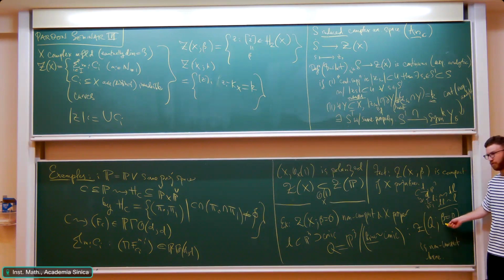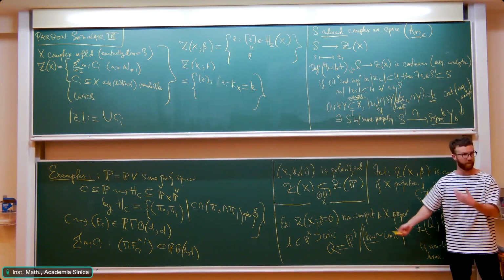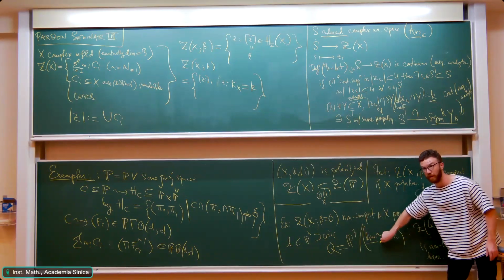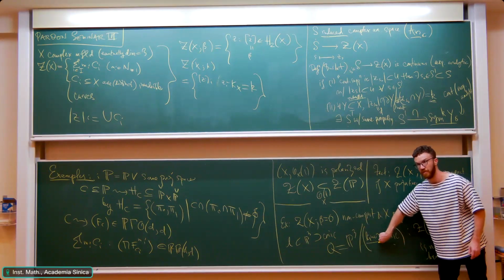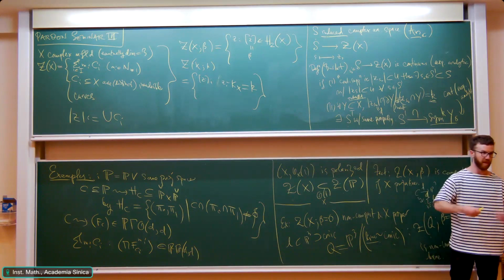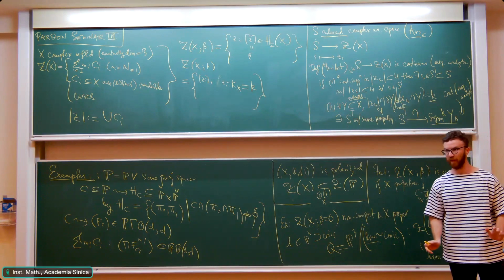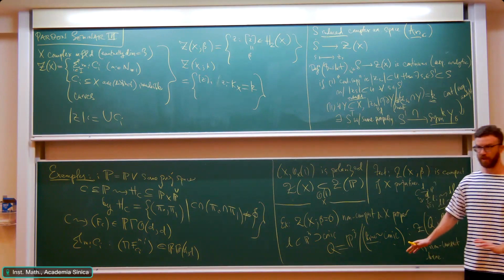Because L is in the same component as 2L, because there's a family interpolating the conic and the line, and now I push them to identify the right conic. So twice the line is in the same component as the line, you add them together, 3 times the line is in the same component as the line. It feels reasonable that this means it's not compact.